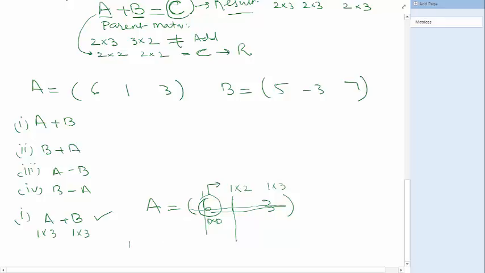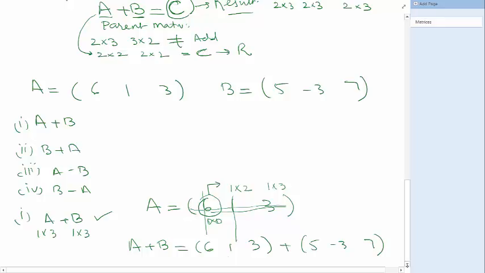So when we add or subtract two matrices, the key is to add or subtract the corresponding entries of both the parent matrices. Means we need to add or subtract the same address entries in both the parent matrices. So let's suppose in A plus B, we consider 6, 1, 3 plus 5, minus 3, 7.